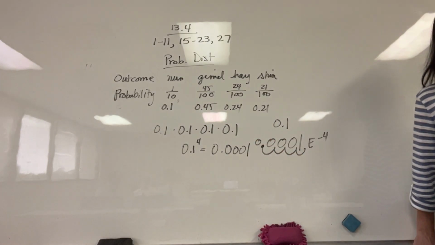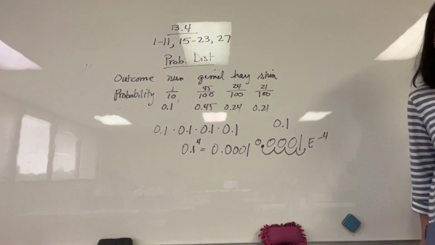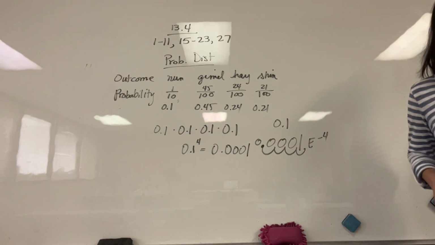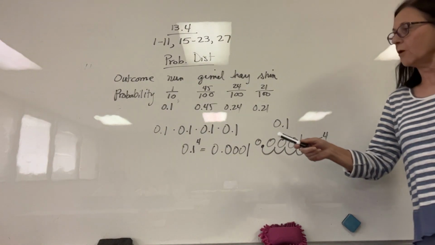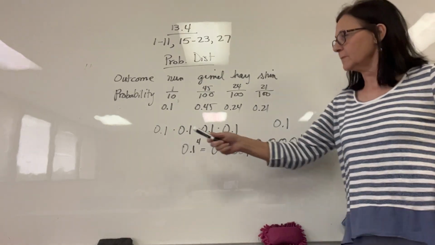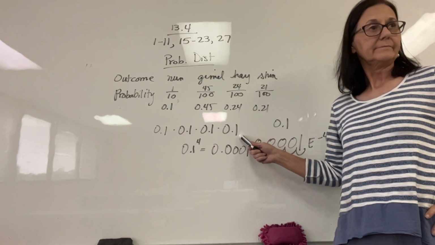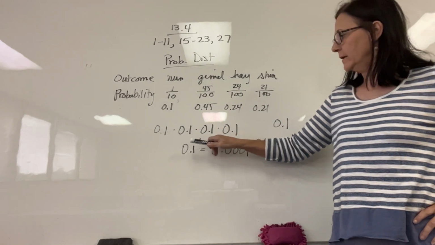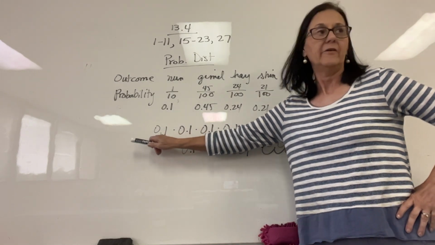Got it? That's all that means. 3 zeros, 4 if it's a fraction, because remember, decimal starts tenths, hundredths, thousandths. When you multiply it this way, you know it's going to be 1, but how many decimals do we have? 1, 2, 3, 4.